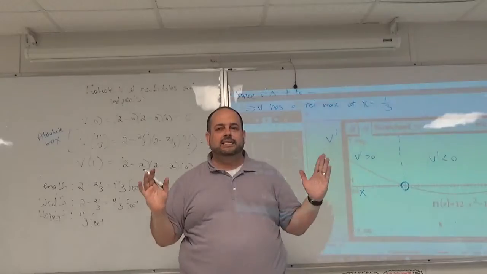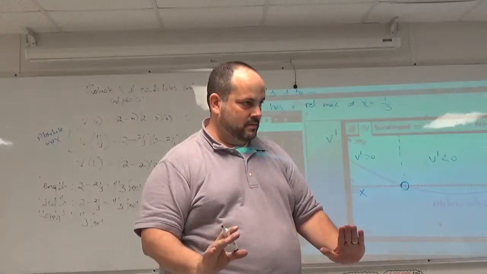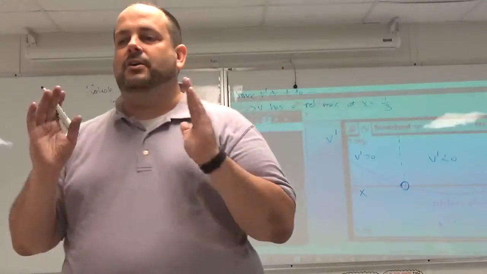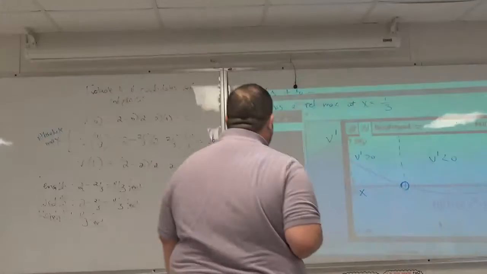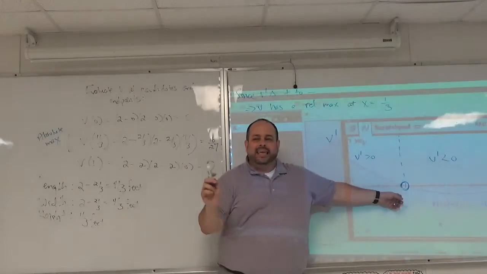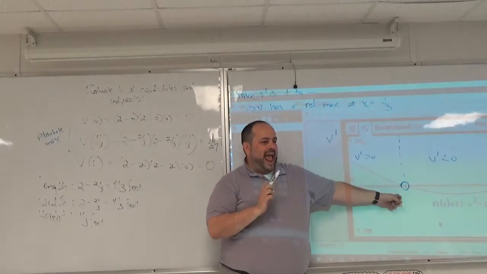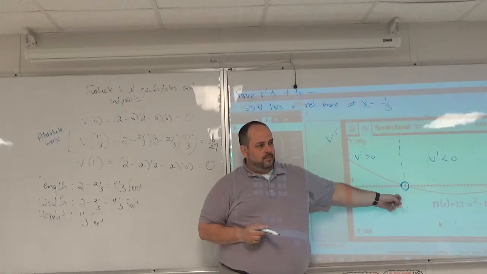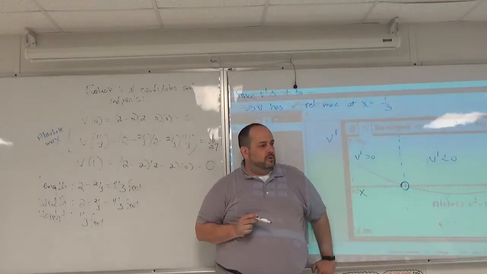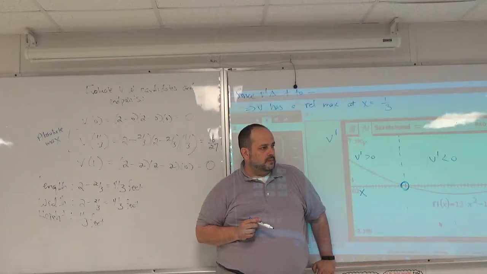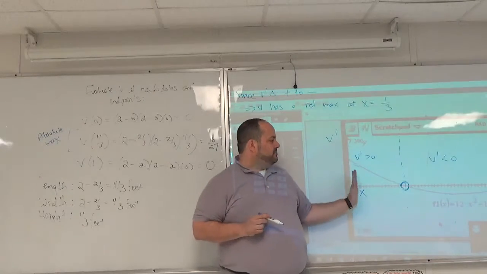Here's the part that's even better. If you have the graph of the derivative in front of you, and you can make this argument work, you can also convince me that this relative max is and must be an absolute max. What's the volume graph doing from 0 to 1?